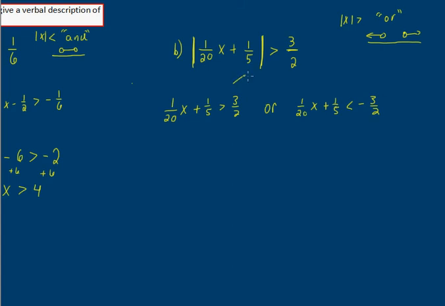Notice when we split it up into two inequalities, we no longer have the absolute value symbol. I've noticed a lot of papers coming in, when they split it up, they still have the absolute value symbols at this point. That's not correct.